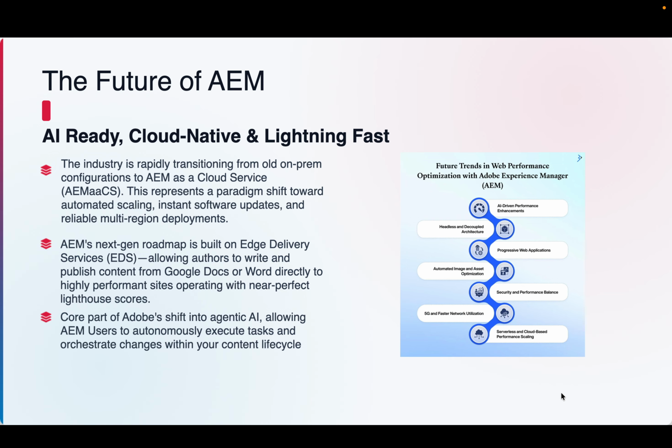It introduces document-based authoring, allowing creators to publish pages instantly using familiar tools like Microsoft Word or Google Docs. By bypassing the traditional heavy rendering pipelines and utilizing plain HTML, native CSS, and vanilla JavaScript, EDS allows developers to build complex enterprise web experiences that hit a flawless 100 out of 100 Google Lighthouse speed score out of the box.